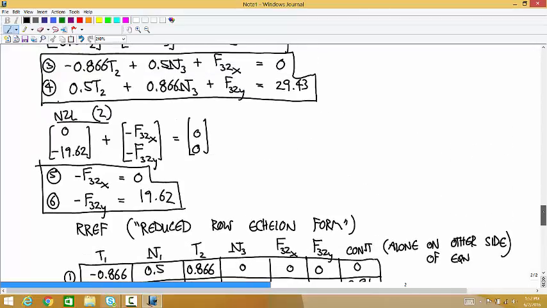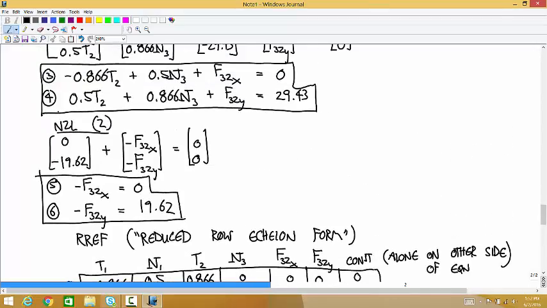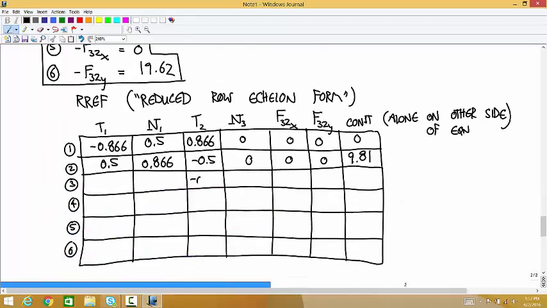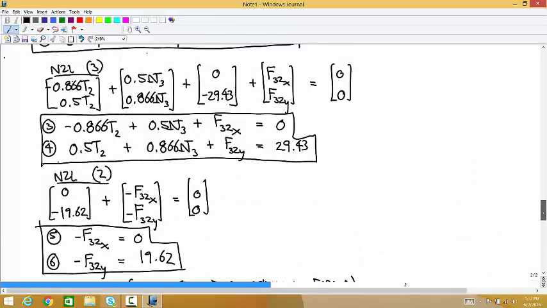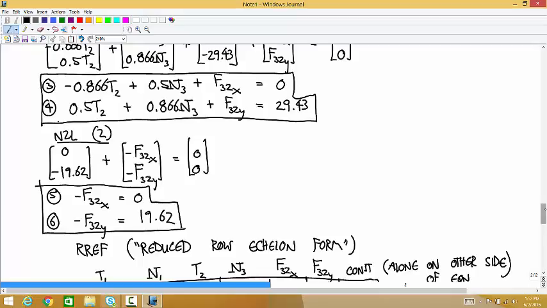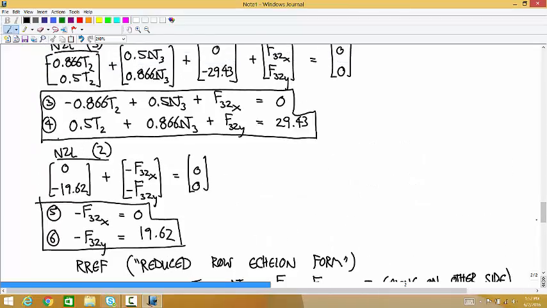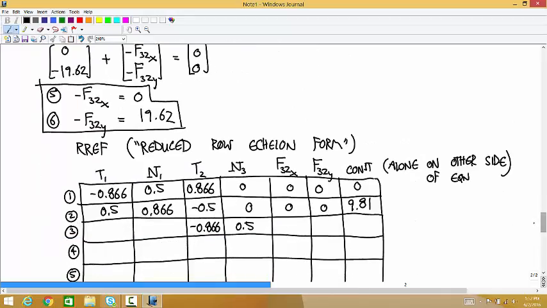Now equation 3, T2s, we have negative 0.866. N3s, we have 0.5. F32X, we have 1.